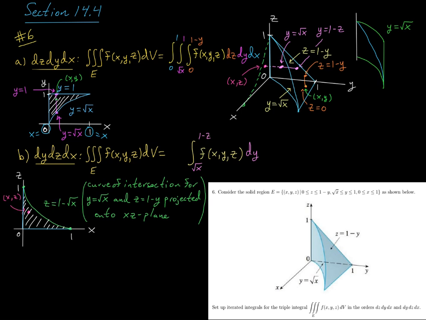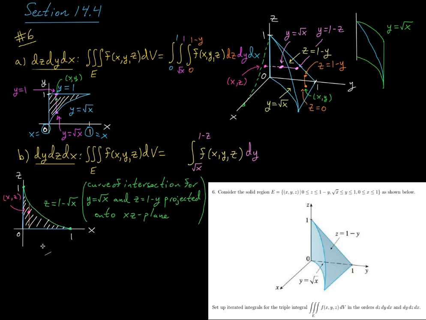And now we're going to let x and z vary through this region. And since the order is dz dx, this says now let z vary. So again, we're going to use vertical strips. So let's go ahead and set that up over here.